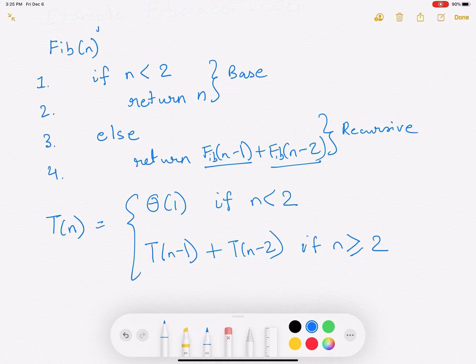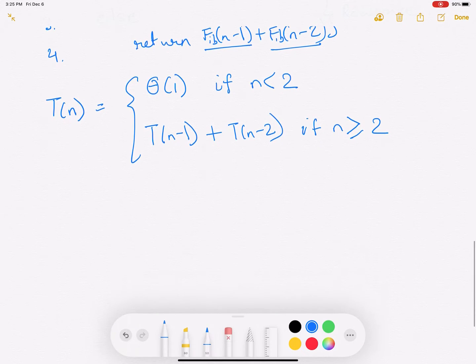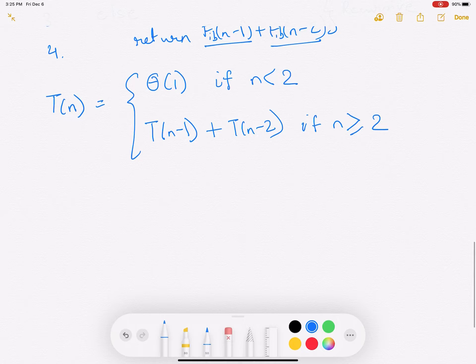Now how do we go about solving this? To find the runtime, if we try to solve this, what is likely to happen? Let's try the substitution method, and we'll see that it quickly becomes intractable.